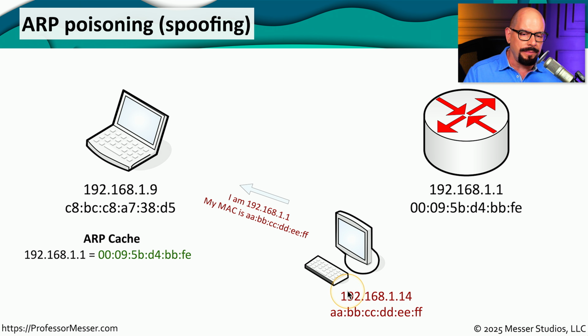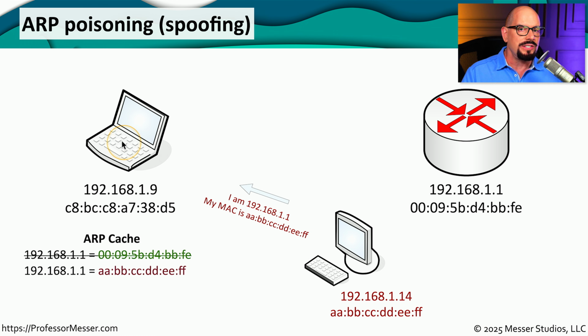You can see that the IP address of the attacker is not that IP address, but it is that MAC address. That means when this laptop receives that response, it will change the information that is contained within the cache. We still have that original 192.168.1.1 IP address, but notice now that the MAC address for that IP address in the ARP cache has been modified to end in Echo Echo Fox Fox, which is the same MAC address as the attacker.